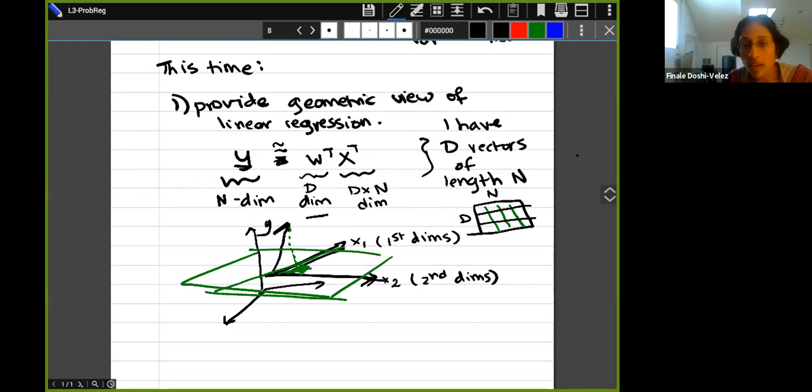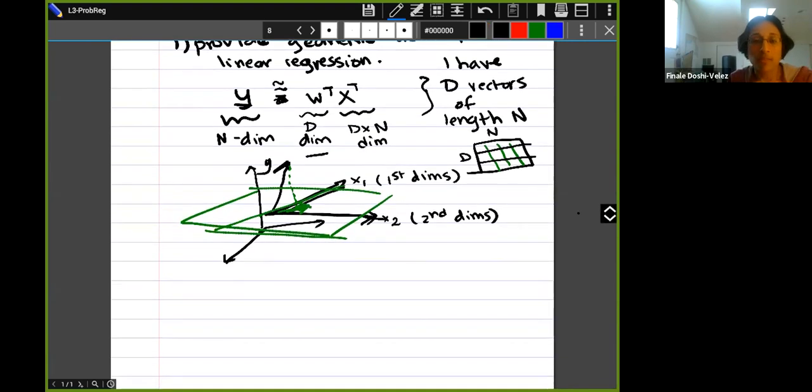Now that we have the geometry, the mechanics of doing the projection is relatively straightforward.